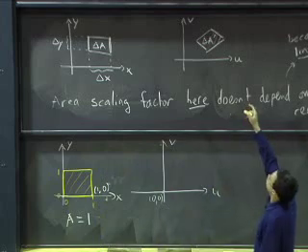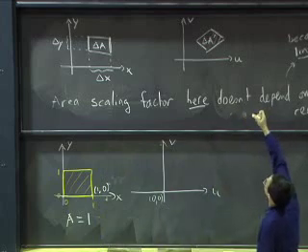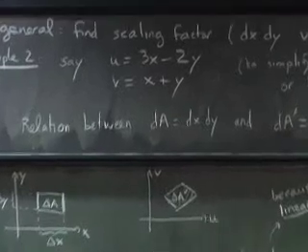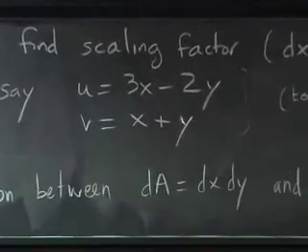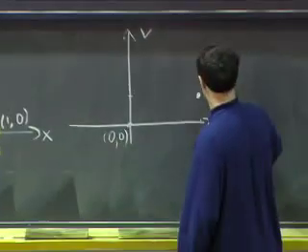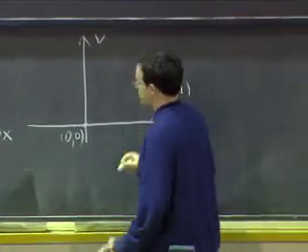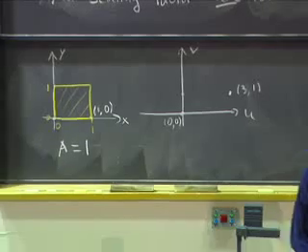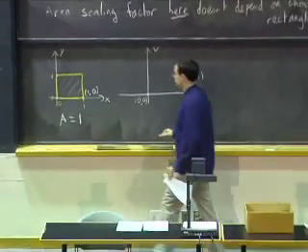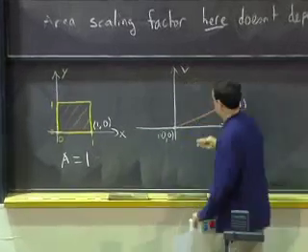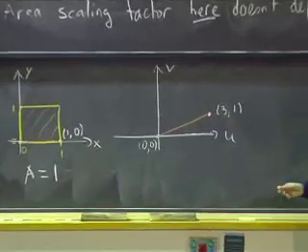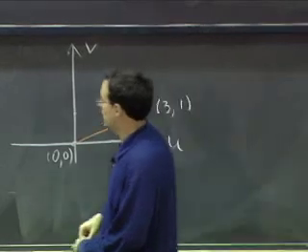If you plug x equals 1, y equals 0, you get u equals 3, v equals 1. So that goes somewhere here. And so this edge of the square will become this line here.